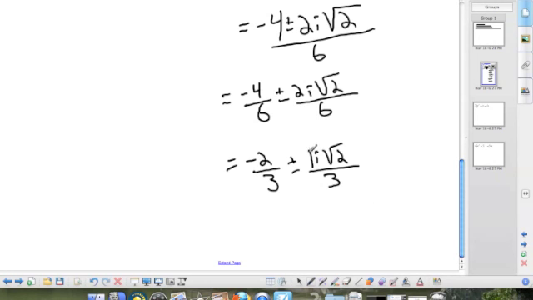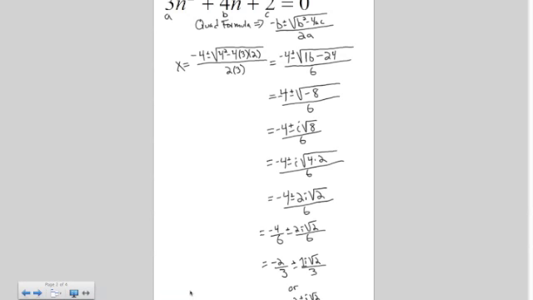We can leave it like this to emphasize that it's complex, or you can leave it, since we have the same denominators, as negative 2 plus or minus i square root 2 all over 3. So in one long page view, you can see what we did step by step and solved for n.